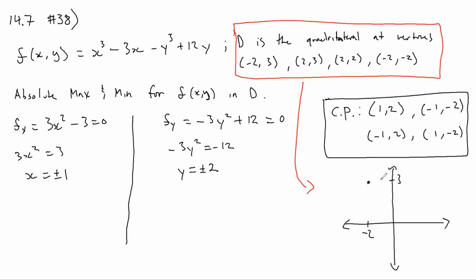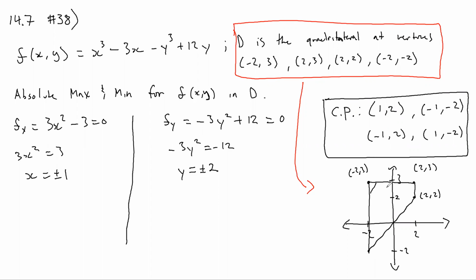This is one point right there, -2, 3, and then another point is going to be at 2, 3. The next is going to be at 2, 2, and finally -2, -2.